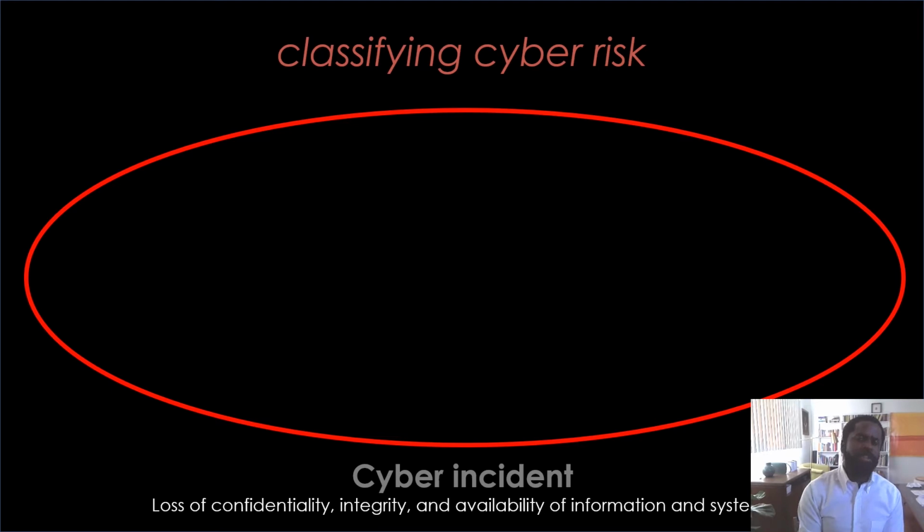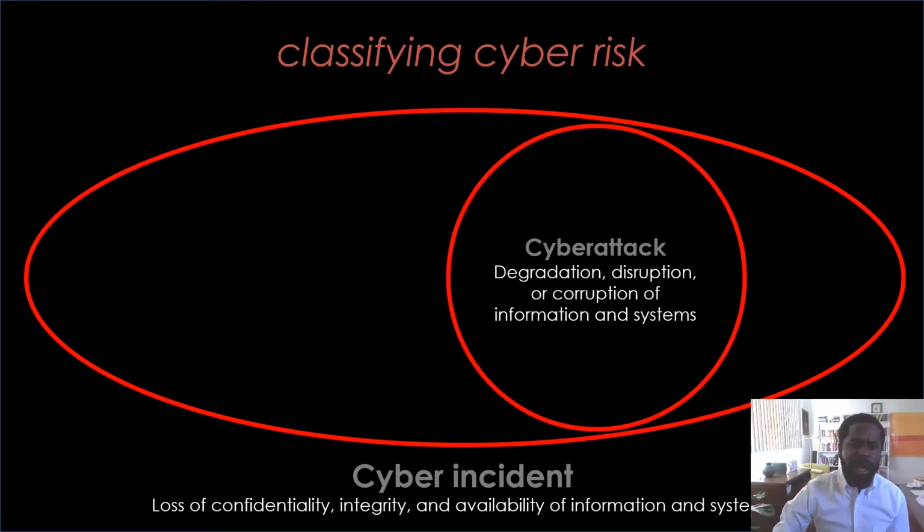But it's also useful to start by classifying cyber risk, and generally the terms that we're using. So there's a broad universe of terms all falling into a cyber incident as a loss of confidentiality, integrity, and availability of information and information systems. And then within that, there are the cyber attacks, the degradation, disruption, or corruption of information and information systems.